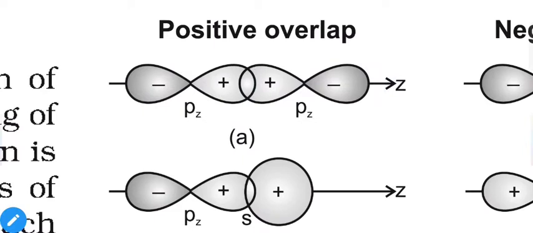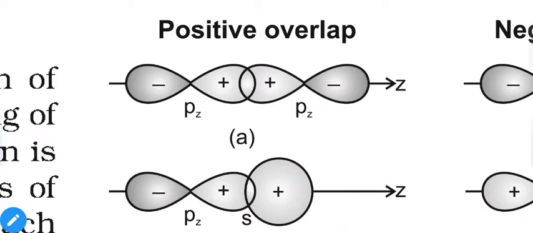Now observe that we have minus and plus both mentioned in pz. What do this minus and plus represent? They represent the probability of the electron. Plus represents there is more probability of finding the electron in that lobe, and minus represents there is very little or zero probability of finding the electron in that lobe.